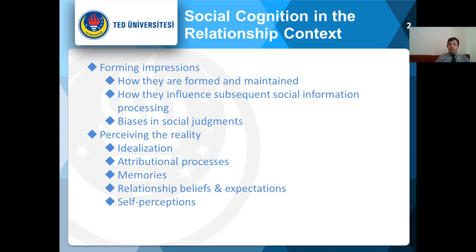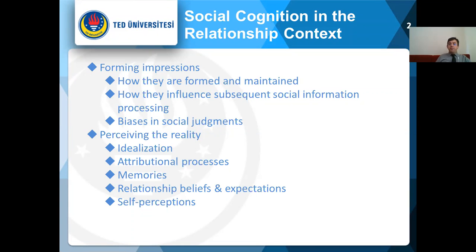The second topic which would be relevant for social cognition in the context of relationships is perceiving the reality. Reality about what? Reality about the relationship: understanding the relationship, making sense of the relationship, having inferences about how the relationship is going.